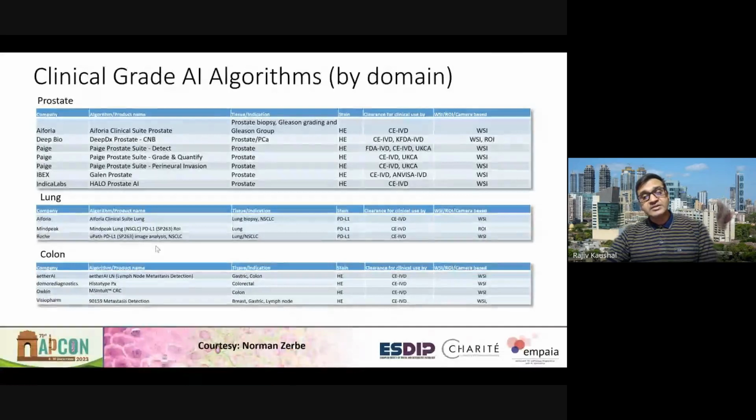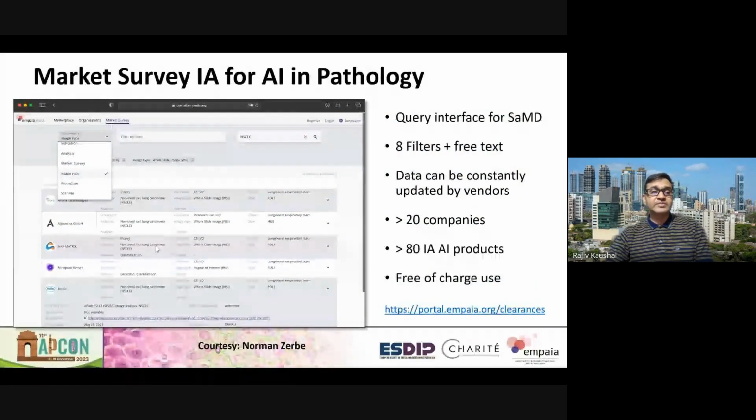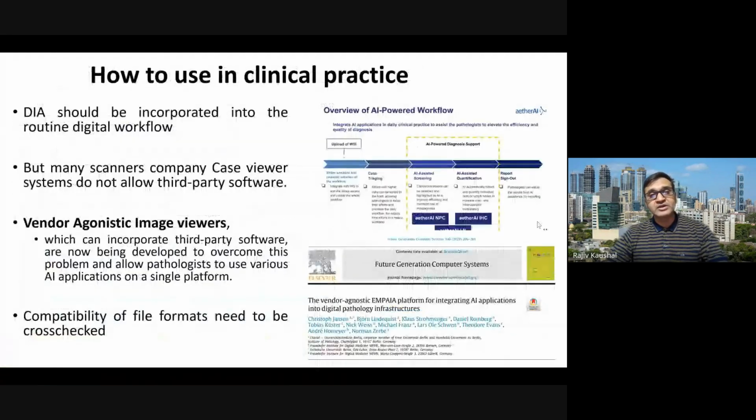And if you want to check, either for clinical use or as part of your research or thesis, you can go to this website, that is empire.org, and they have a list of all the clinical models which are now entering the market. So you will get in the beginning what options are available for your intended use, and you can contact the respective vendors accordingly.